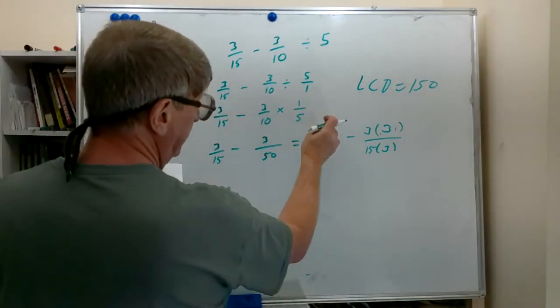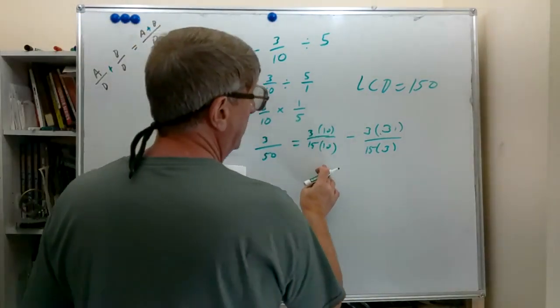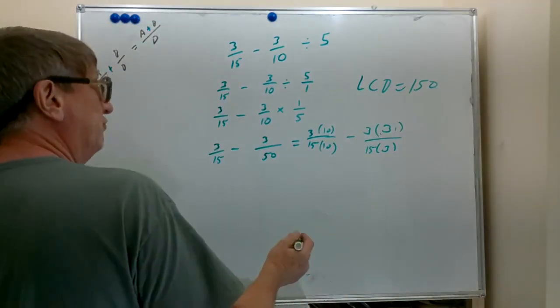So we've multiplied by 10 over 10, which equals 1. We've multiplied by 3 over 3, which equals 1.